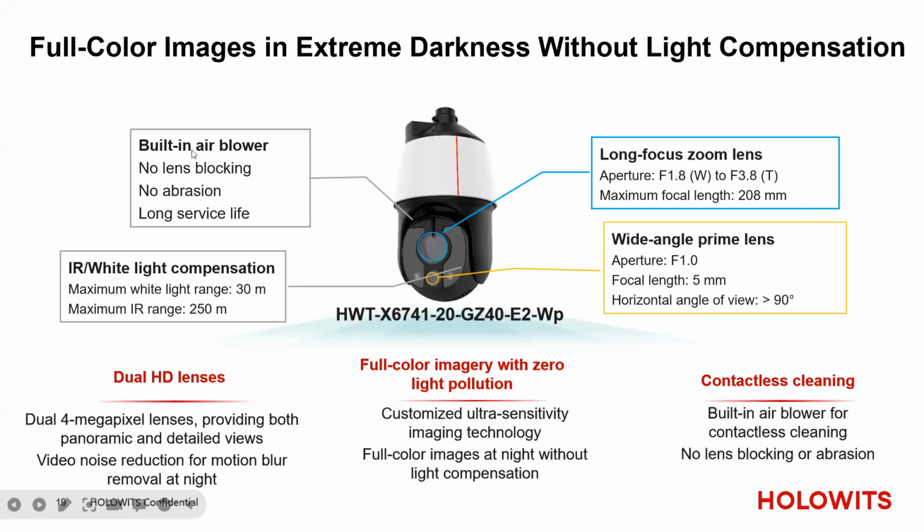It has a built-in air blower, prevents lens blocking, has suppression, and has a long service life. And next is IR or white light compensation. It supports 3-meter white light, and the IR range is up to 250 meters.